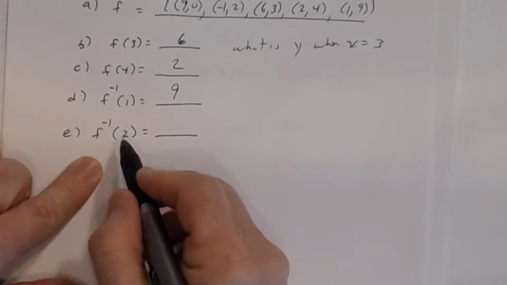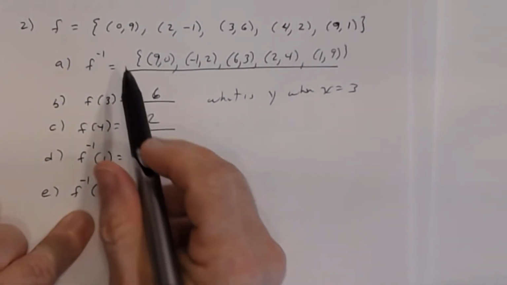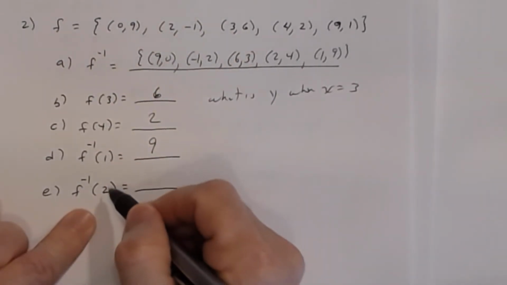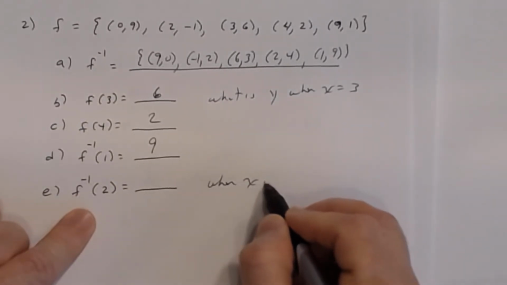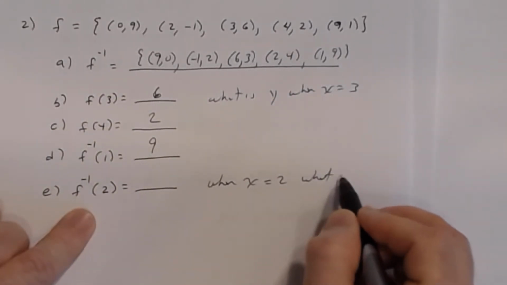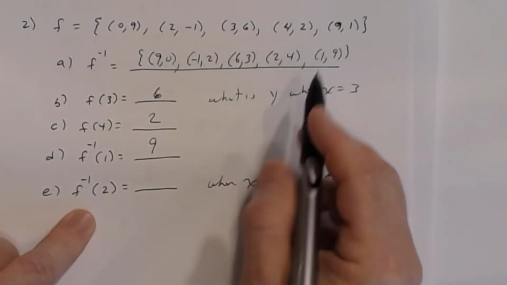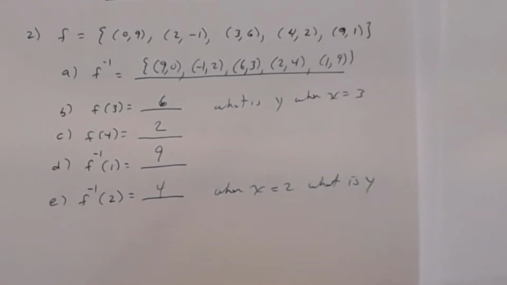Here, f inverse of 2, it says f inverse, so you have to use this one. When x is 2, what is y? Well, when x is 2, my y value is 4. And that's all you do there.